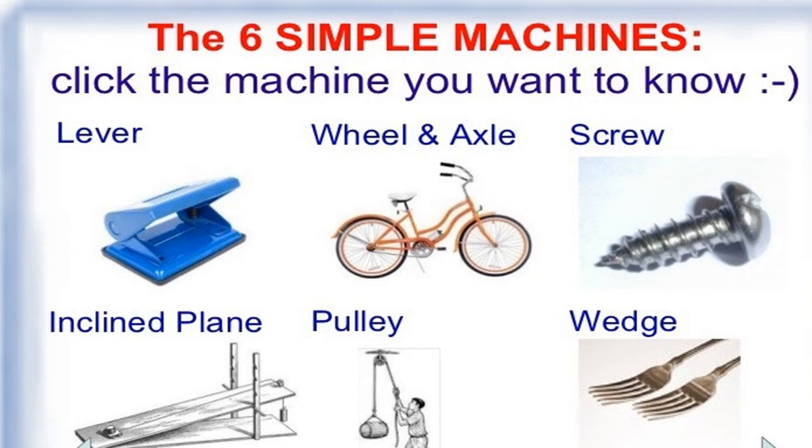The next one is inclined plane, a slopey surface through which you can roll heavy loads from upside to downside or from downward to upward. And the next one is pulley, and with the help of pulley you can uplift the heavy load. The next is the example of wedge, which is fork. Fork is an example of wedge.